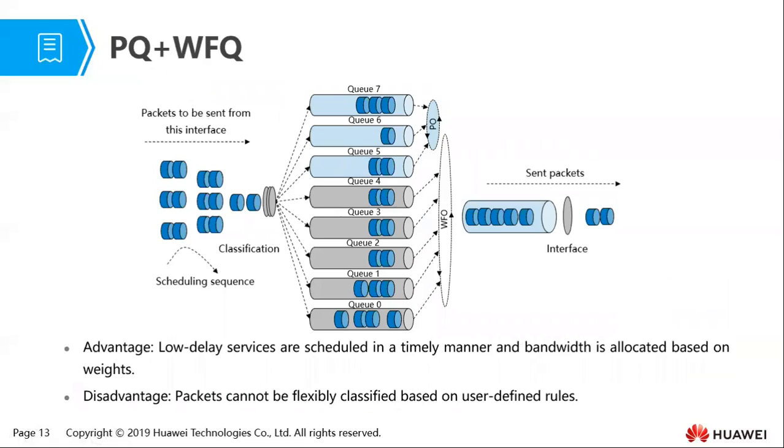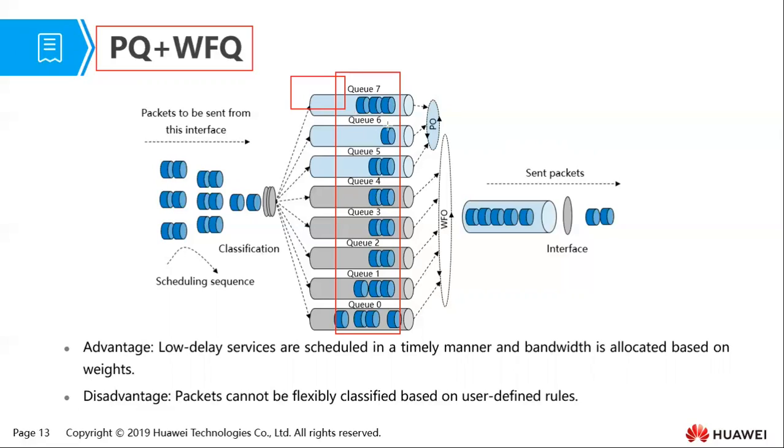Okay. Now, sometimes we can also combine two queues in order to combine their strengths and maybe also limit their weaknesses. So one of the possible combinations is combining the priority queue and the weighted fair queue. So what happens is in your system, you've defined Q0 to Q7.